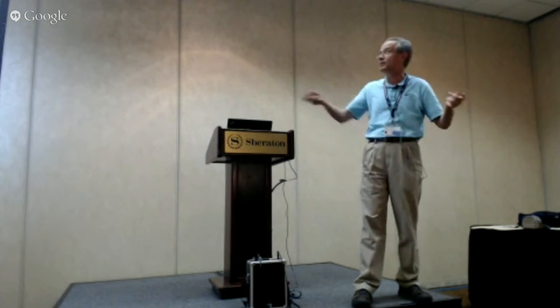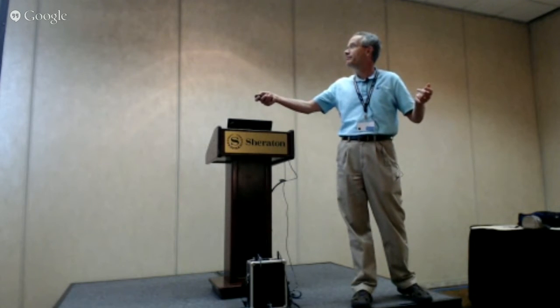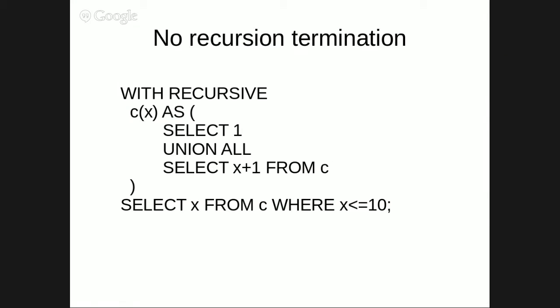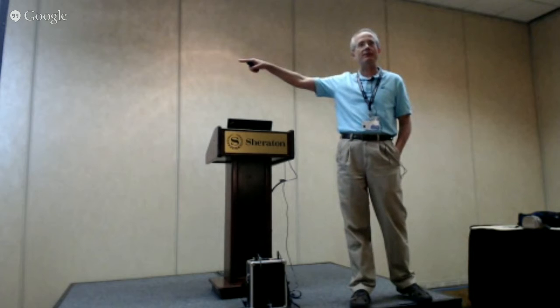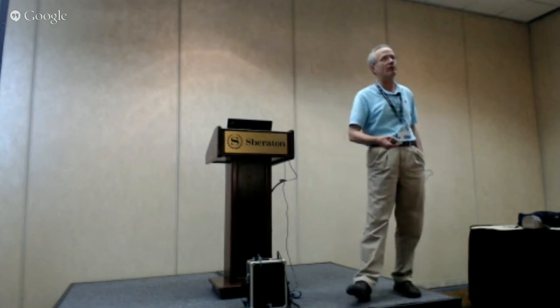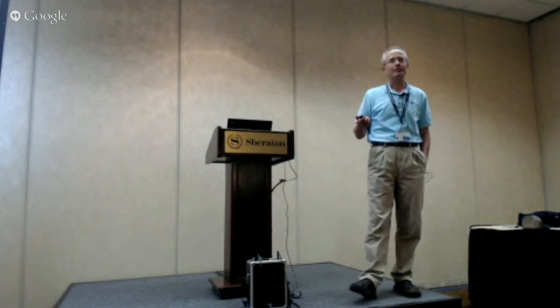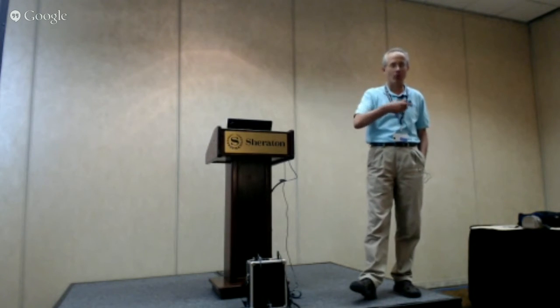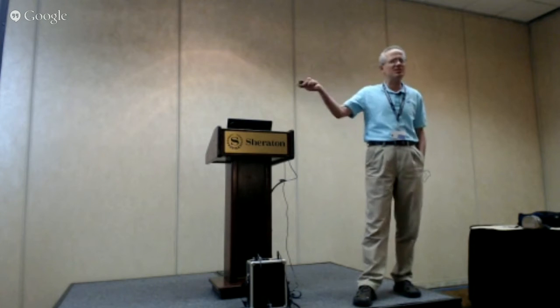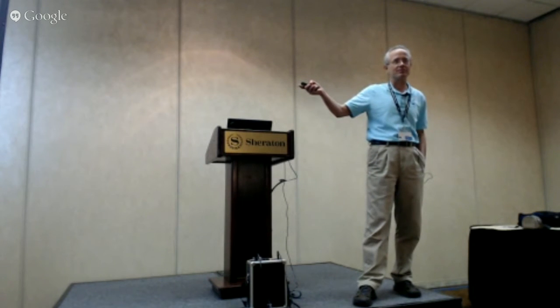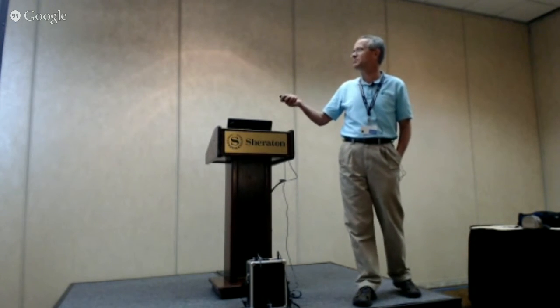It's on demand. So the lower query says, okay, I need the first row. And then the common table expression runs and generates the first row. And then this guy says, I need the second row, and so forth. And so it eventually figures out that it's going to stop, and it doesn't actually generate the whole thing. So this is not recommended. Don't do this. But you can sometimes get away with it.